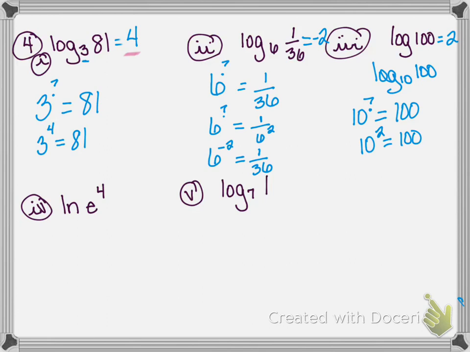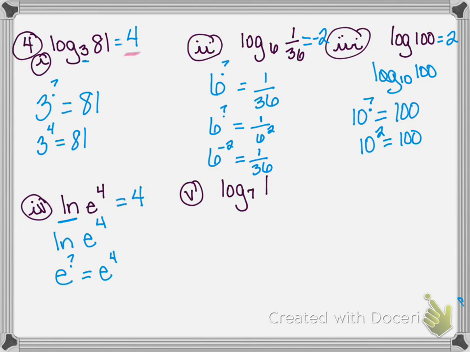So anytime that you see ln, that's your natural log, of e to the fourth power, we're talking about base e. So we are asking ourselves, e to what power is going to give me e to the fourth power? That's one of our properties because the natural log and the e cancel each other out. So the answer to this is just 4.